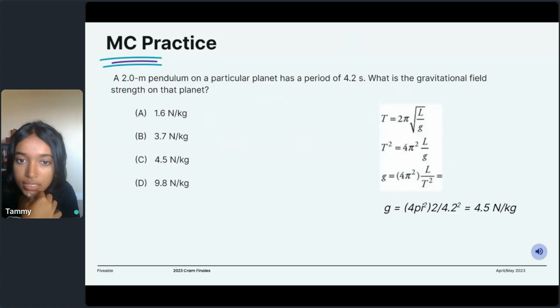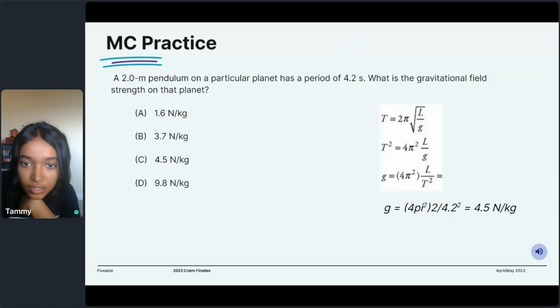Why are the units N, kg? Good question. Does any of the student hosts know why? Because I kind of just saw the options and I was like, okay, N, kg.